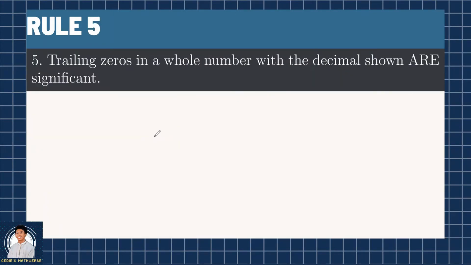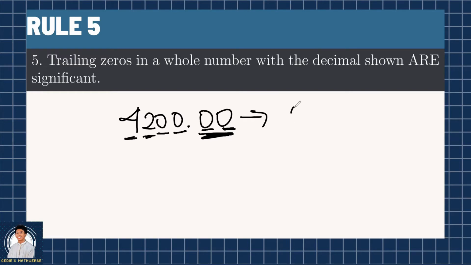Rule number 5, trailing zeros in a whole number with the decimal shown are significant. For example, 4,200.00. As we can see, the decimal is shown. And remember from rule number 4, these are significant. So these two are significant as well. So we have a total of 6 significant figures.